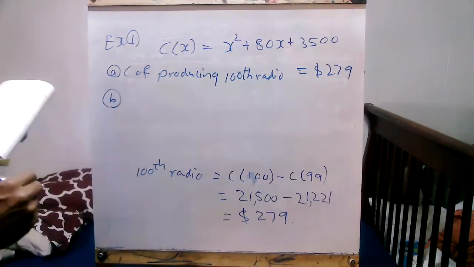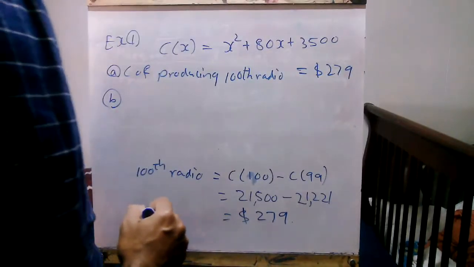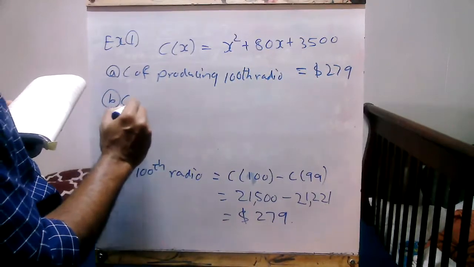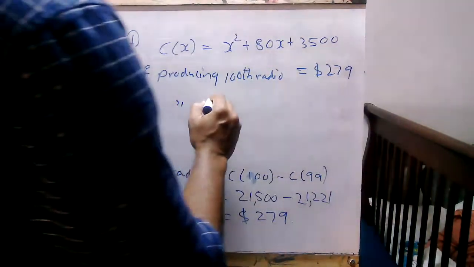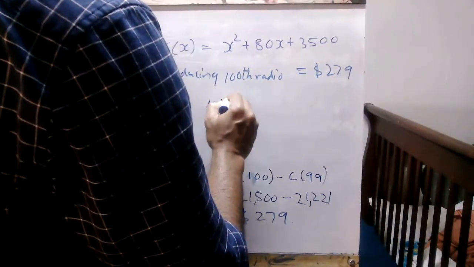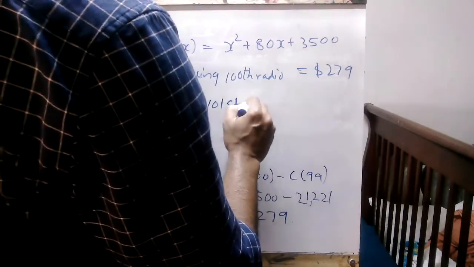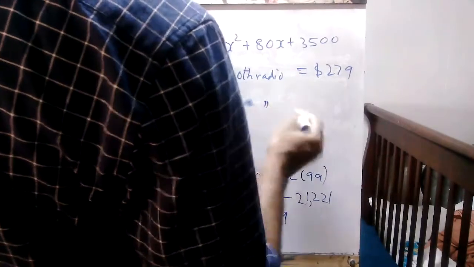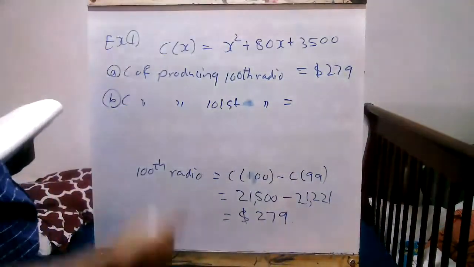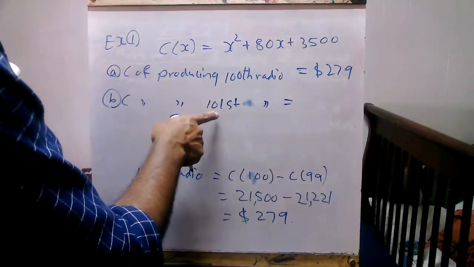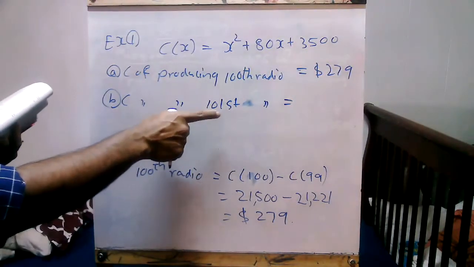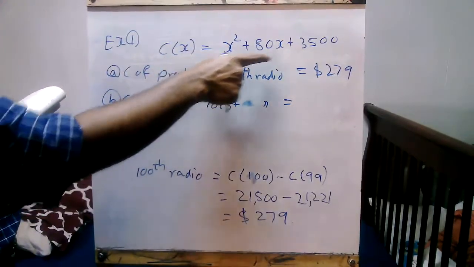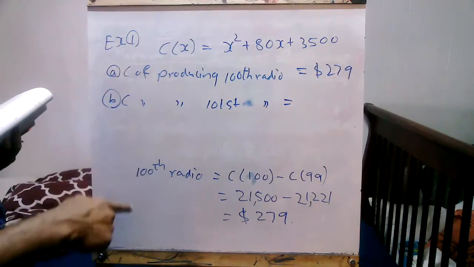In part B, it's asking you to compute the cost of producing the 101st radio. I put commas. We can do this. We can find the cost of producing 101 radios, substituting 101 for x, and C100 we already found.